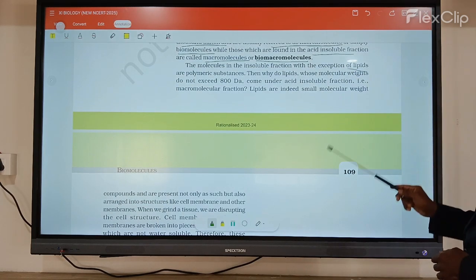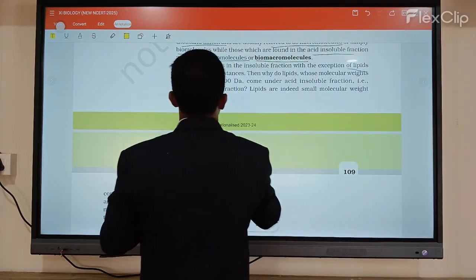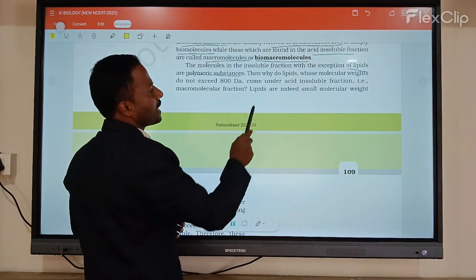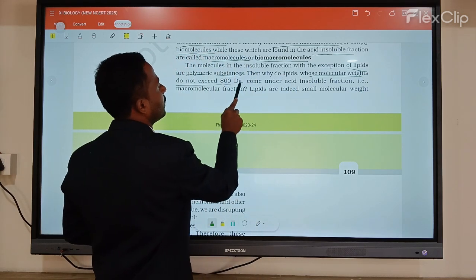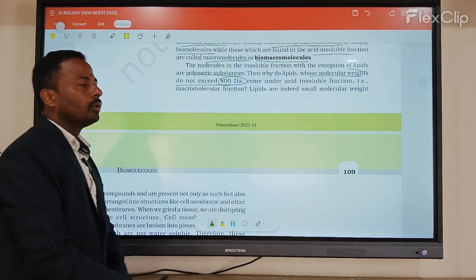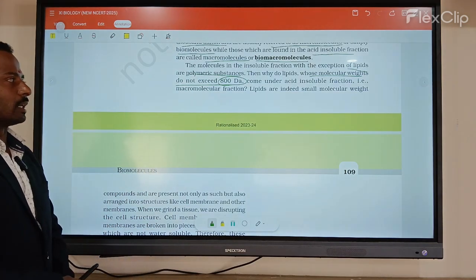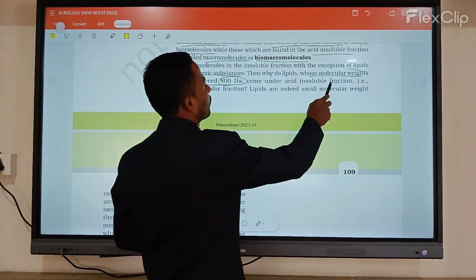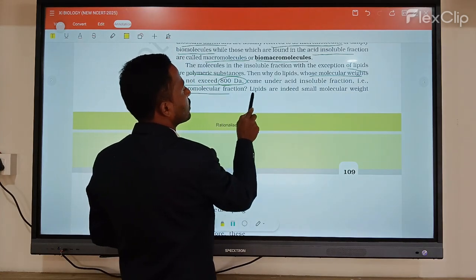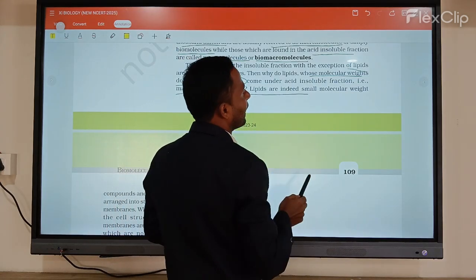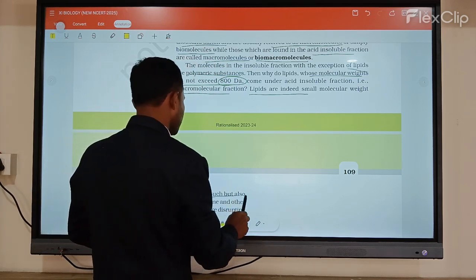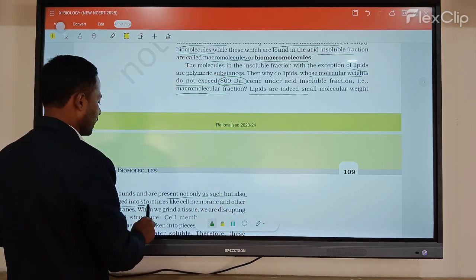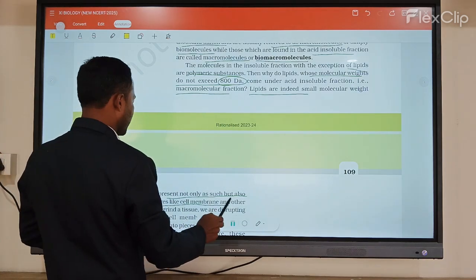These molecules in the insoluble fraction are the polymeric substances, with the exception of lipids. Those molecules whose molecular weight exceeds 800 daltons come under the acid insoluble fraction, the macromolecules fraction. Lipids indeed have a small molecular weight, but they are arranged into structures like the cell membrane and other membranes.